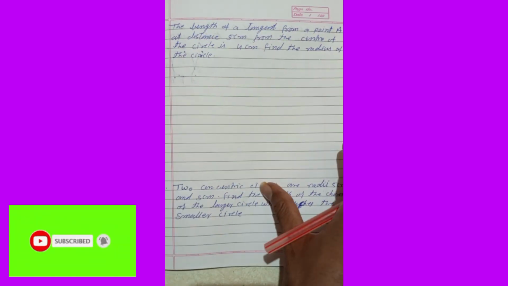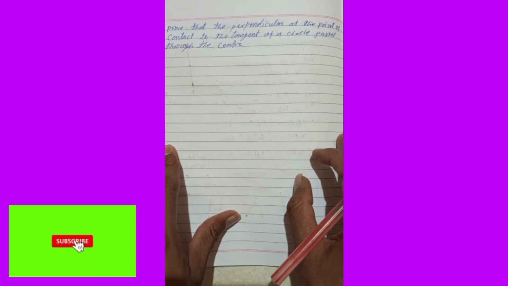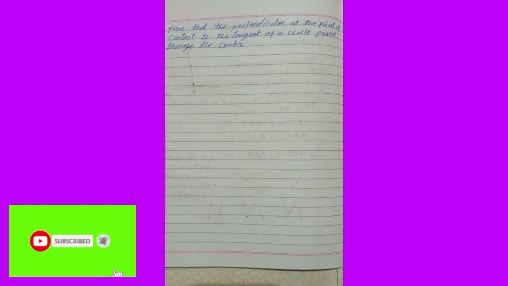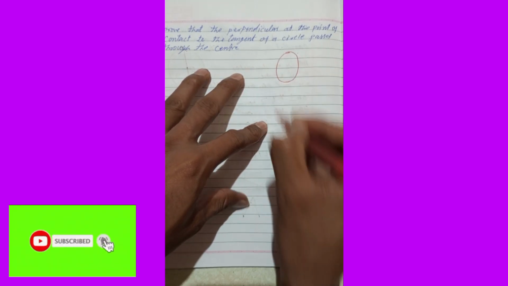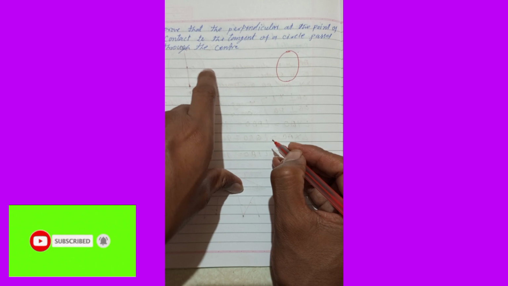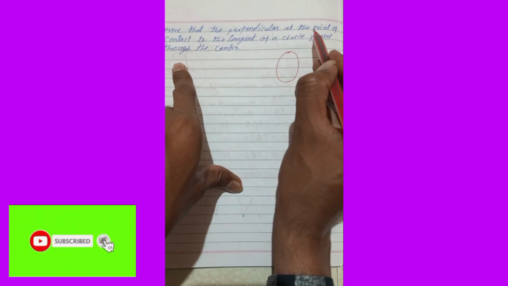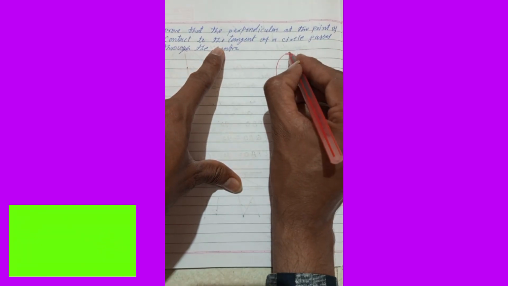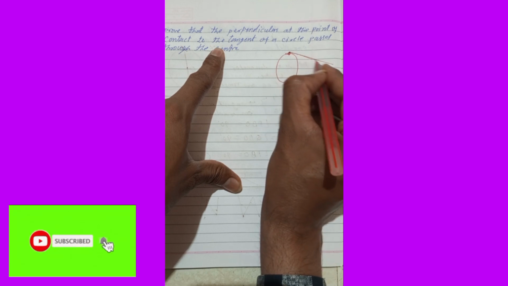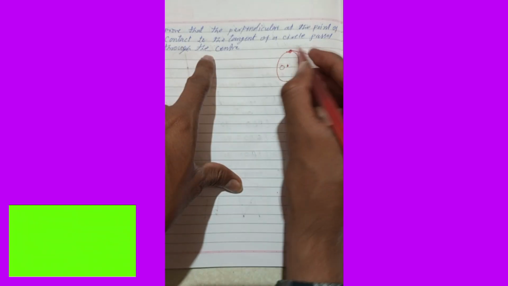Now we go to question number 5. What does question number 5 say? Prove that the perpendicular at the point of contact to a tangent to a circle passes through the center. Suppose this is a circle, and there is a tangent on this side, and this is the center O. The perpendicular at the point of contact passes through the center.